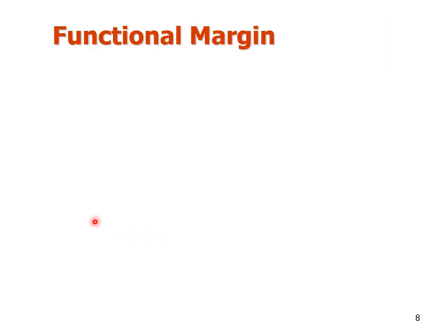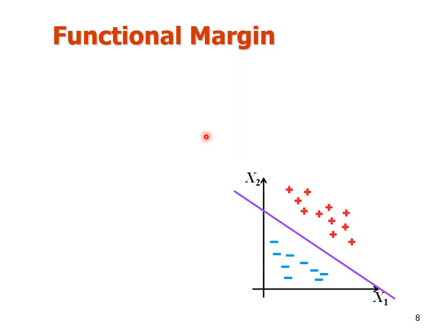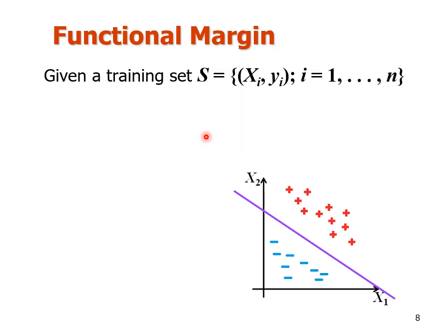Now we have seen how to define functional margin for a single sample in the training set, and now we are going to define functional margin for a given set of training examples. So let us assume that we are provided with a training data set S with n number of samples.